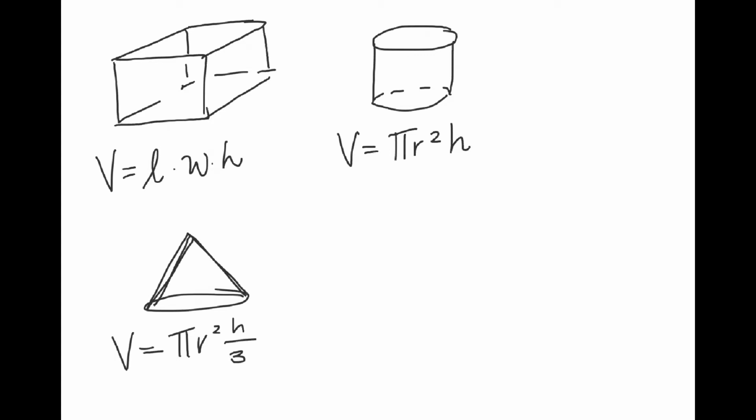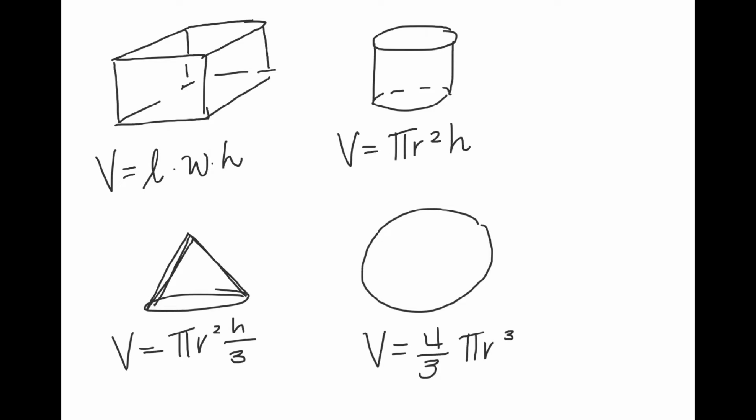And then we have a sphere, which I don't even know how to draw. That one would be volume equals 4/3 pi r cubed. If you're taking notes, I recommend you write these down simply because they're going to come up. You need to memorize these equations.